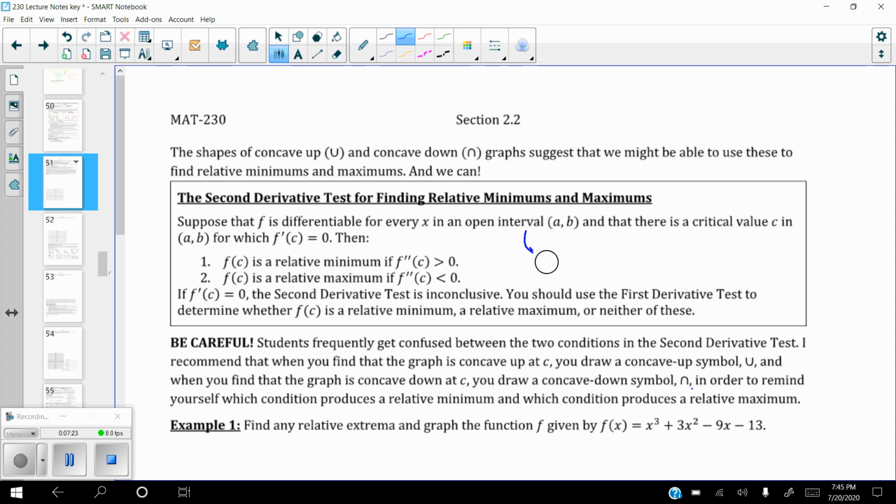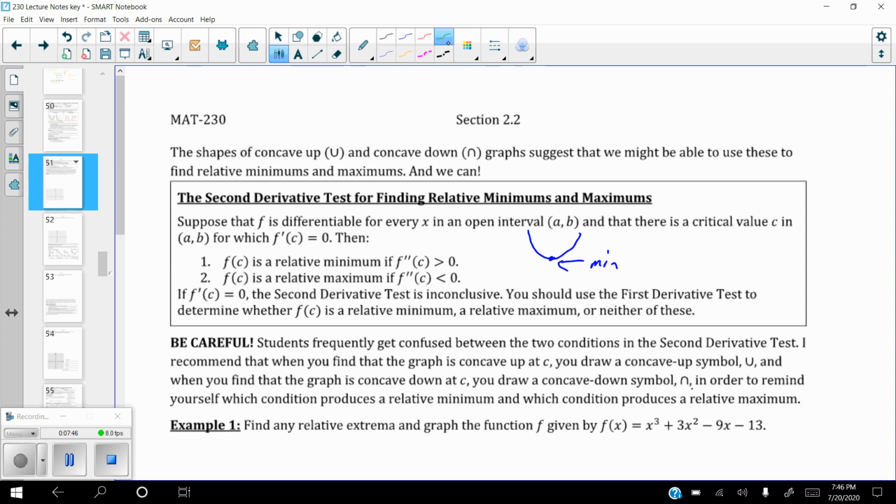That just looks horrible. I apologize. There's our critical value. The graph that goes through that is concave up. Well, since I know that we have a critical value and the graph is concave up, it shows us that clearly this has to be a minimum. It's at the bottom of the concavity being up.